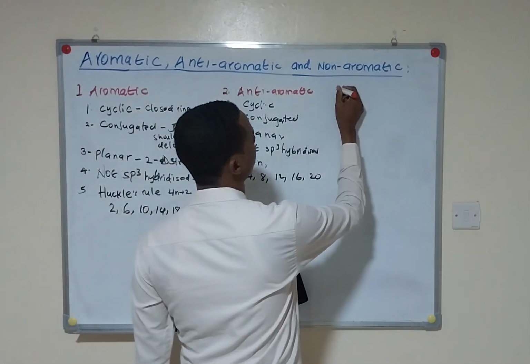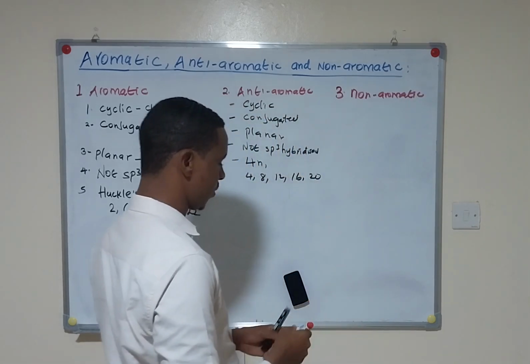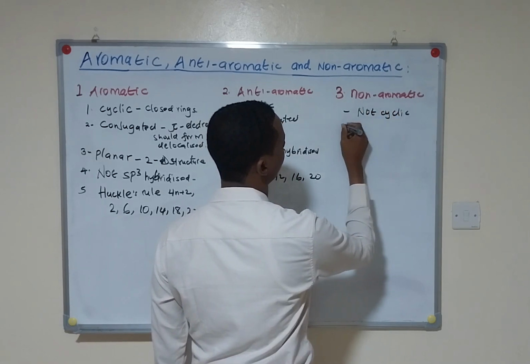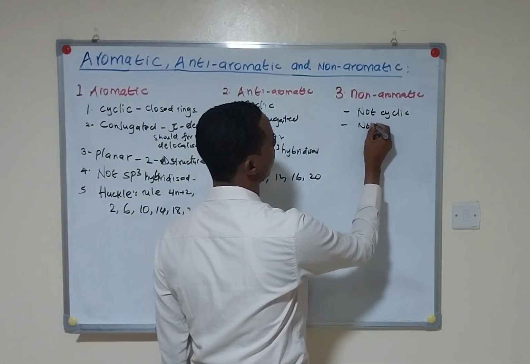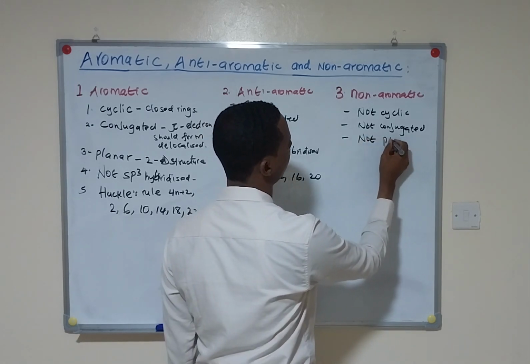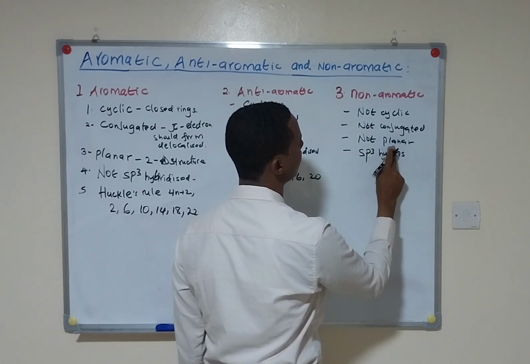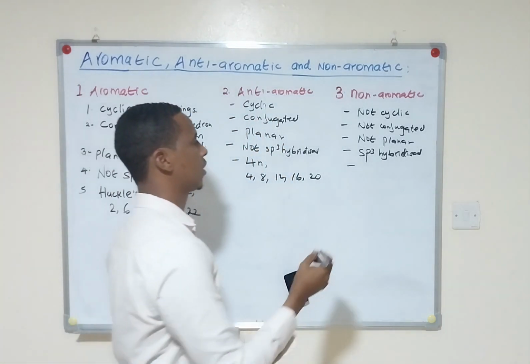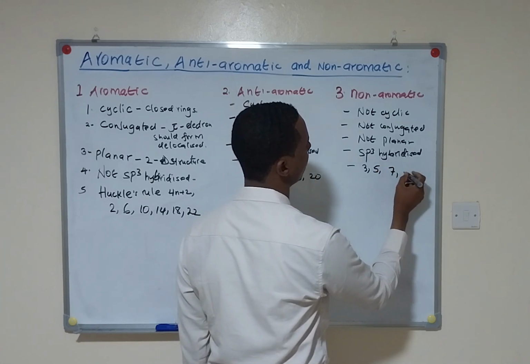And what about non-aromatic? For a non-aromatic compound, the conditions are: the compound is not cyclic, the opposite of anti-aromatic and aromatic, the compound is not conjugated, the compound is not planar, the compound is sp3 hybridized, and the number of pi electrons is an odd number, like 3, 5, 7, 9.